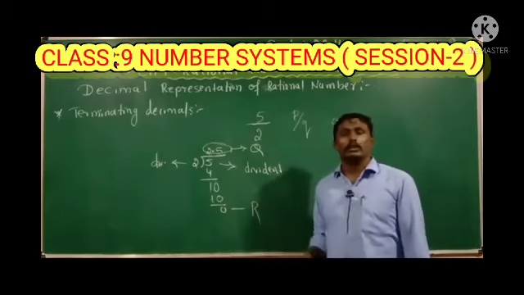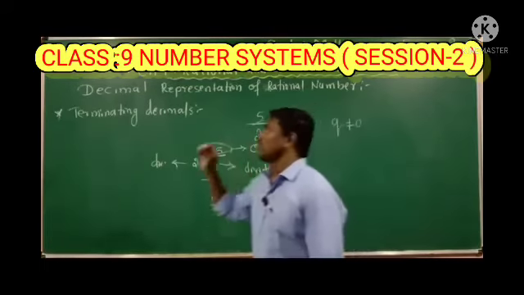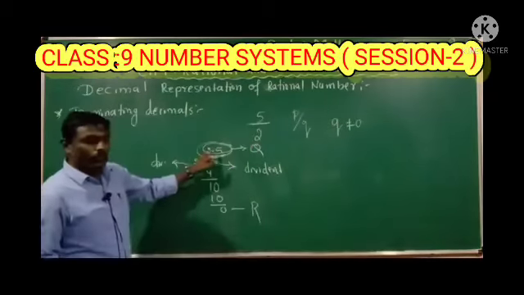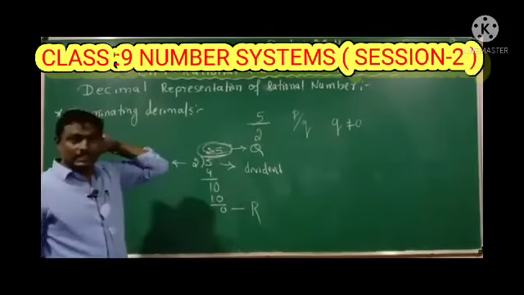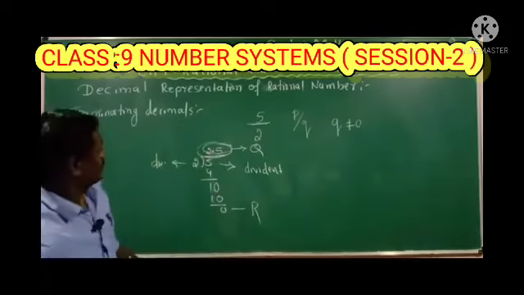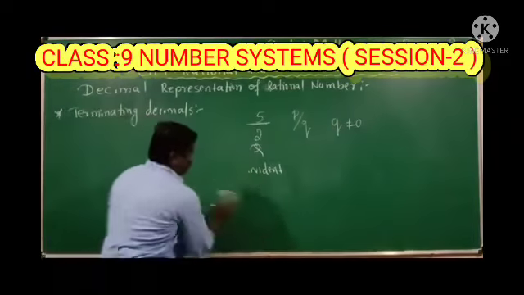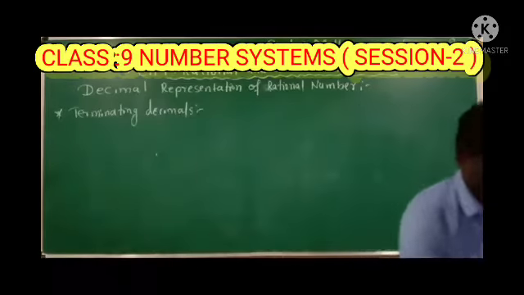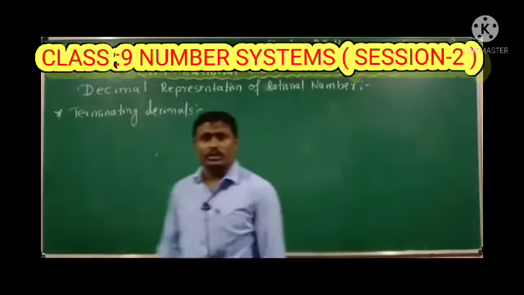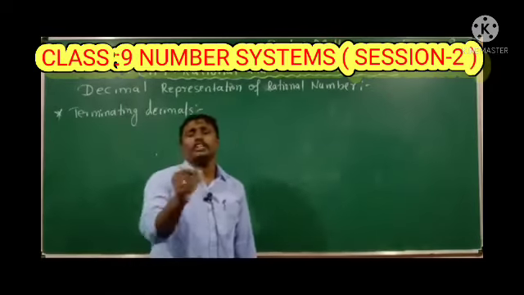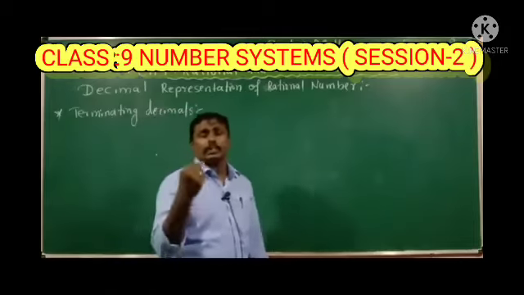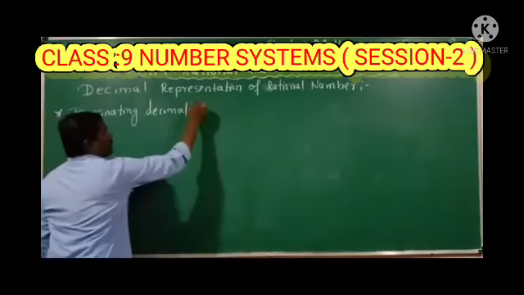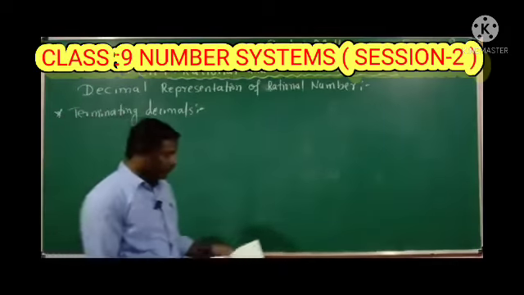So these kinds of rational numbers are called terminating decimal expansions. The quotient we are getting now, 2.5, is a terminating decimal, okay. Every fraction, each and every rational number, we can represent as terminating or non-terminating. We will discuss the non-terminating in the next concept, okay.